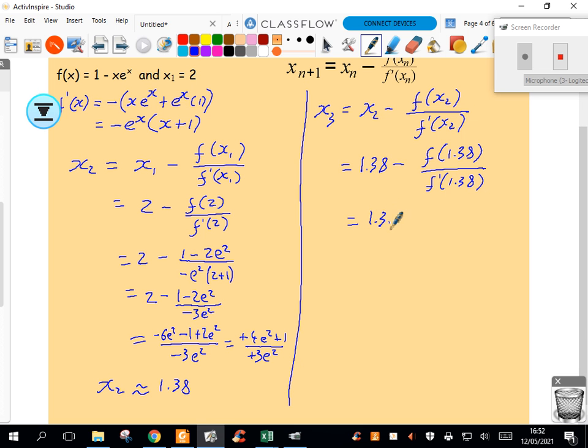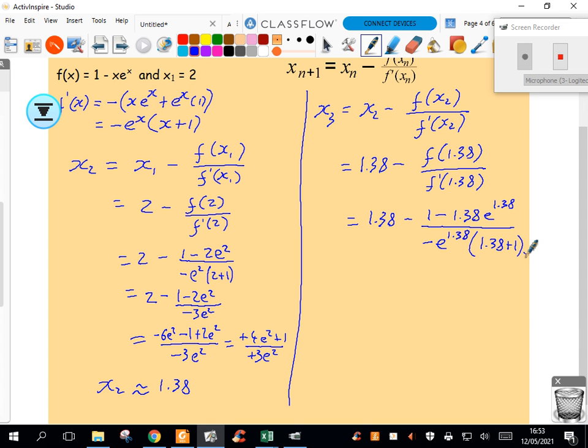So we get 1.38 minus f, which is 1 minus whatever x is, in this case 1.38, times e to the power of 1.38, all over f prime of 1.38. That's negative e to the power of 1.38 times x plus 1, that's 1.38 plus 1. I'm not going to bother doing any mental arithmetic here. I'm just going to plug all that straight into my calculator.